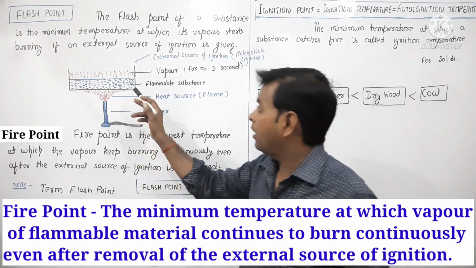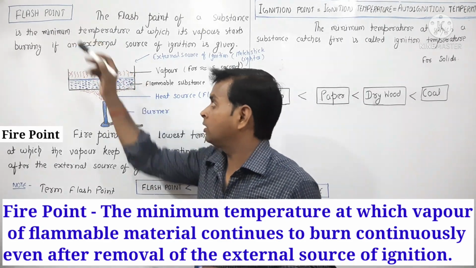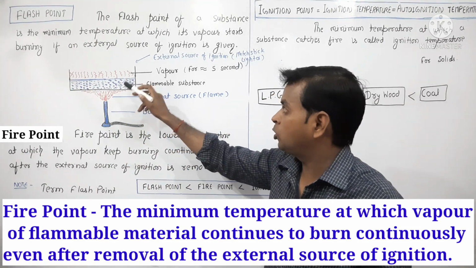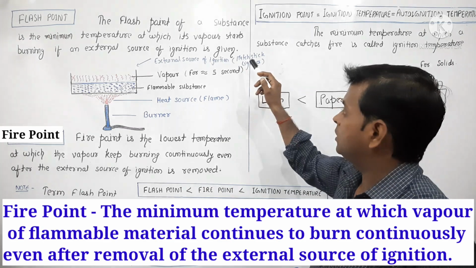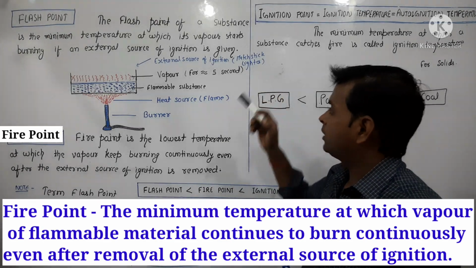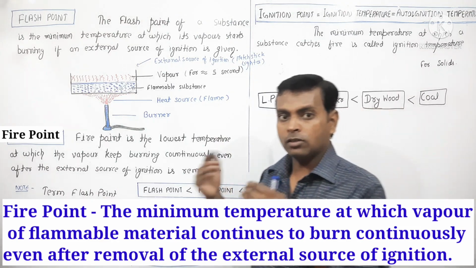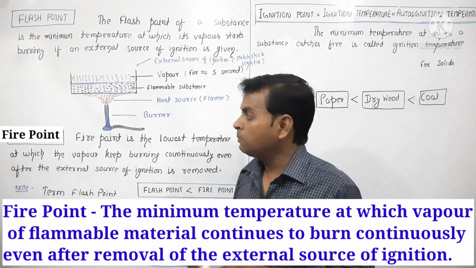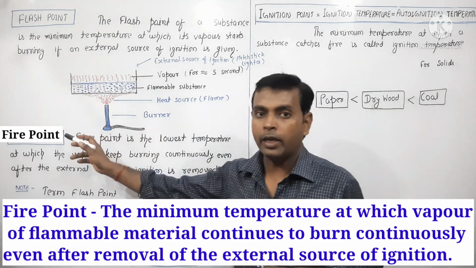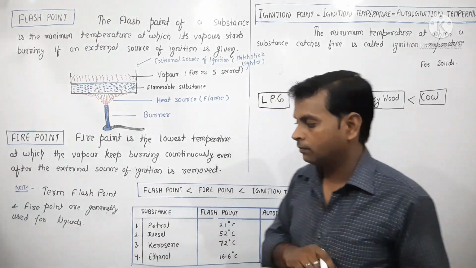It means when a flammable substance is heated more than the flash point, it starts to produce vapor continuously, and when any external source of ignition like a matchstick or lighter is brought near this vapor, it starts burning continuously for a long time. And this minimum temperature is known as the fire point of this flammable substance.